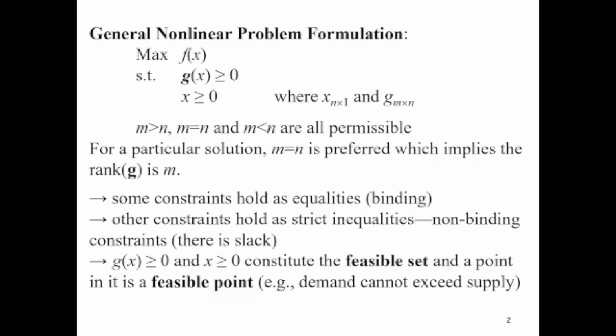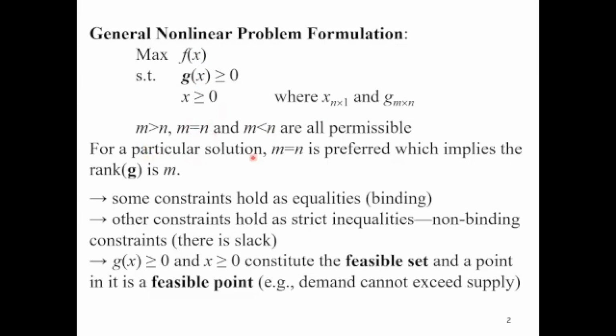All right, the general nonlinear problem formulation is given here as maximize some function of x, where g of x is greater than or equal to 0 and all the x's are non-negative. And again, this is a column vector, an n by 1 column vector, and G is an m by n matrix.